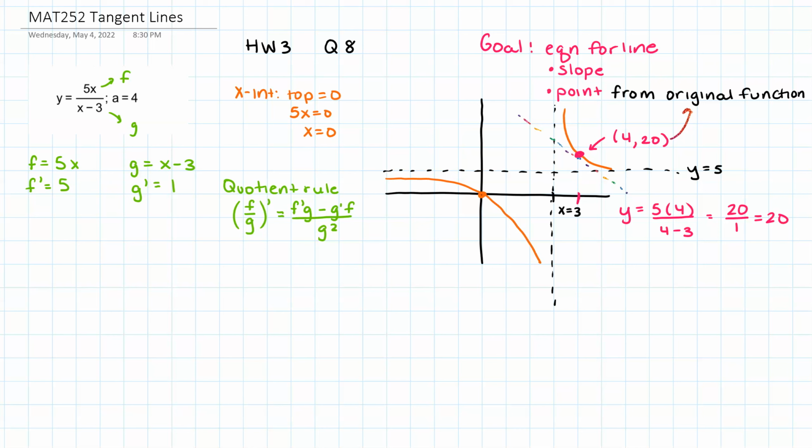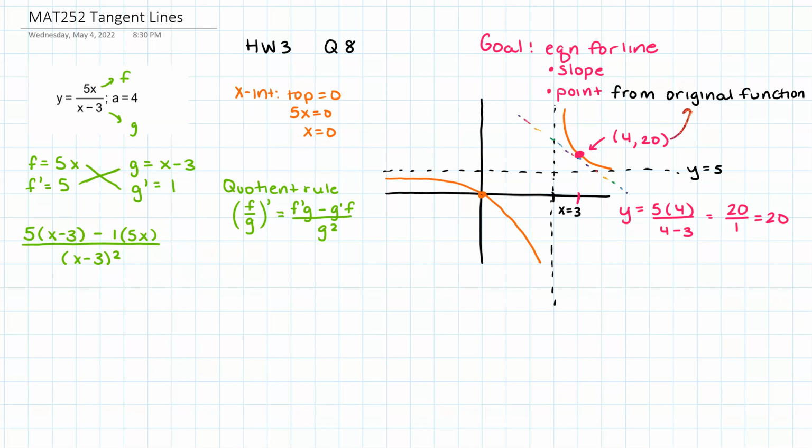The derivative of x is 1, and the derivative of minus 3 is 0, because there's no x on it. So now we're going to do f prime g, so that's 5 times (x minus 3), subtract g prime f, so 1 times 5x, all divided by g squared, so (x minus 3) squared.